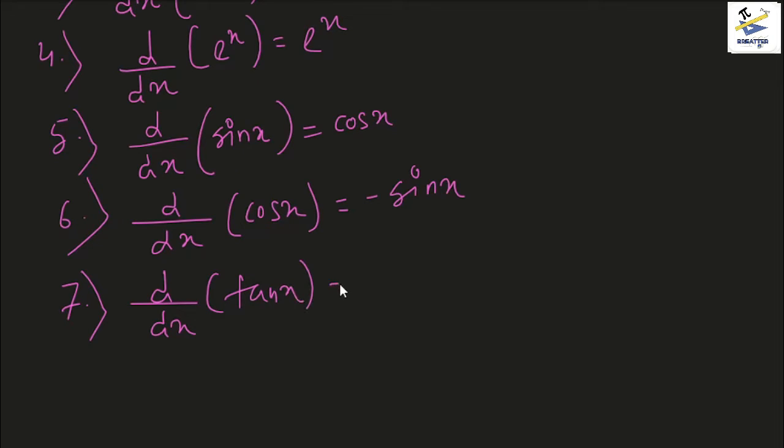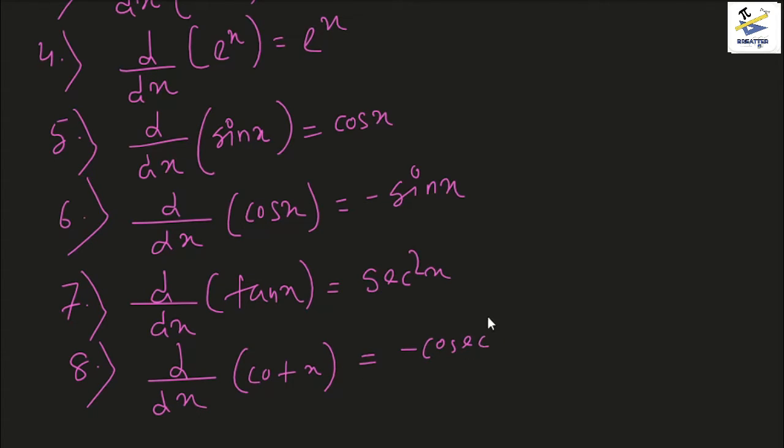Of tan x is basically equal to sec square x. Number 8. d dx of cot x would be equal to minus cosec square x.